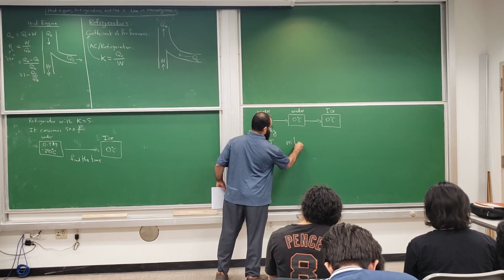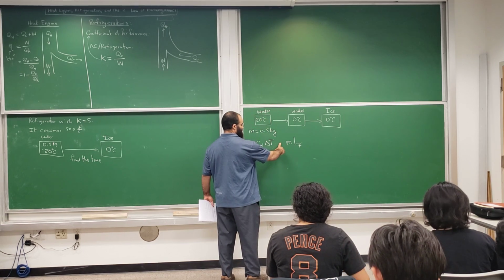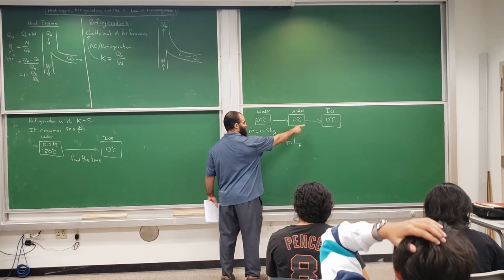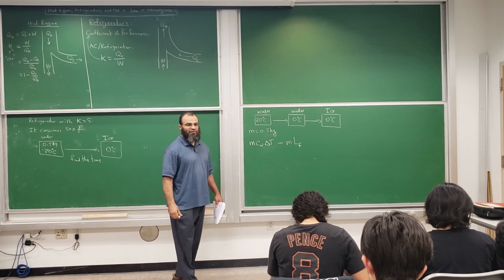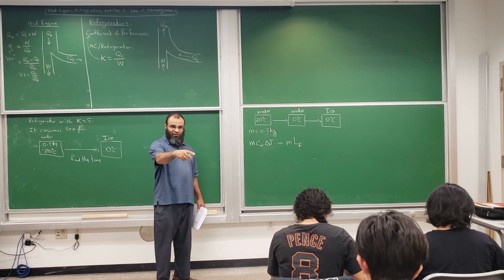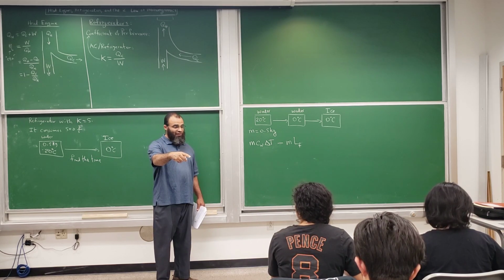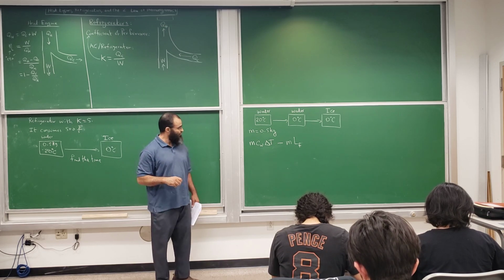Yeah, the mass times the latent heat of fusion, plus or minus? Plus, so I need to add heat to freezing? No, minus. Yeah, I need to remove heat from freezing. Remember there was that plus minus? If you're turning ice into water, you have to add heat, that's plus. But here we're going water to ice, we need to remove heat, that's minus.